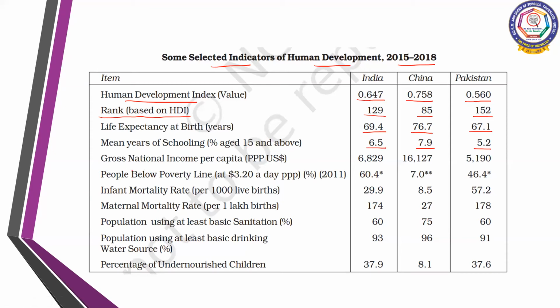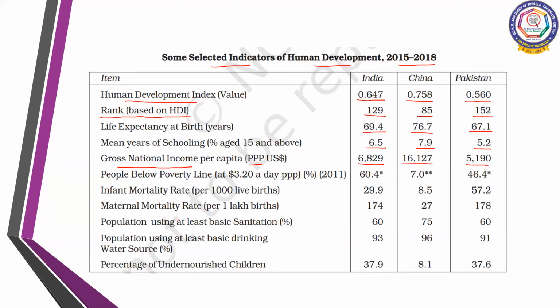The gross national income per capita in terms of purchasing power parity is the highest in China at 16,127, whereas it is 6,829 in India and 5,190 in Pakistan.